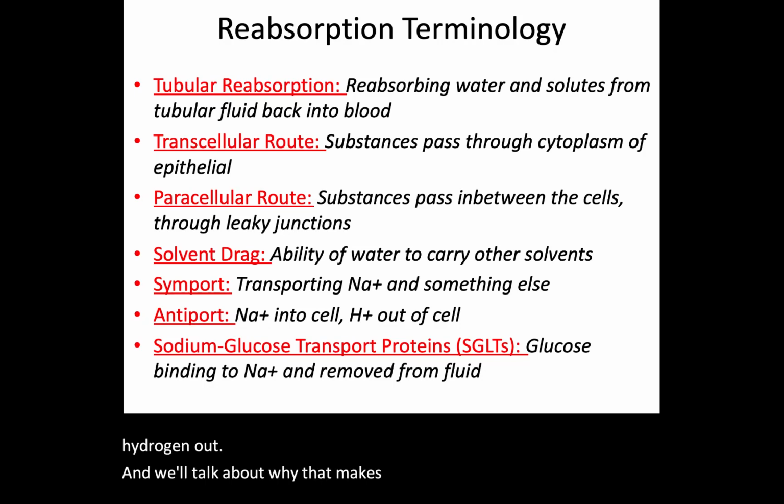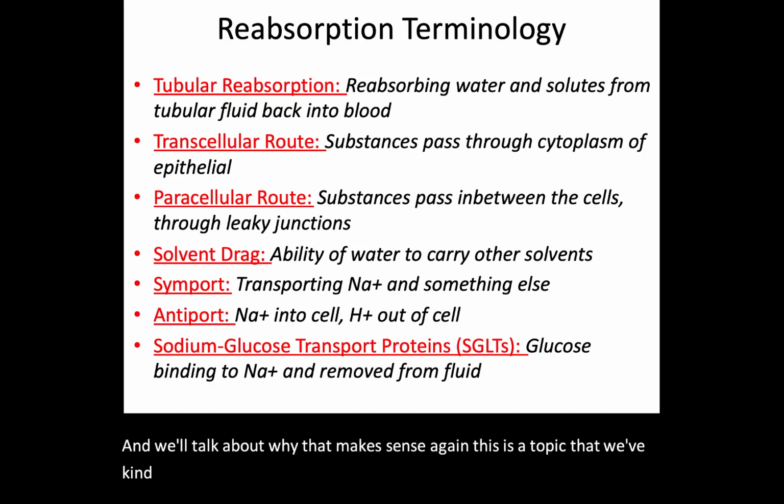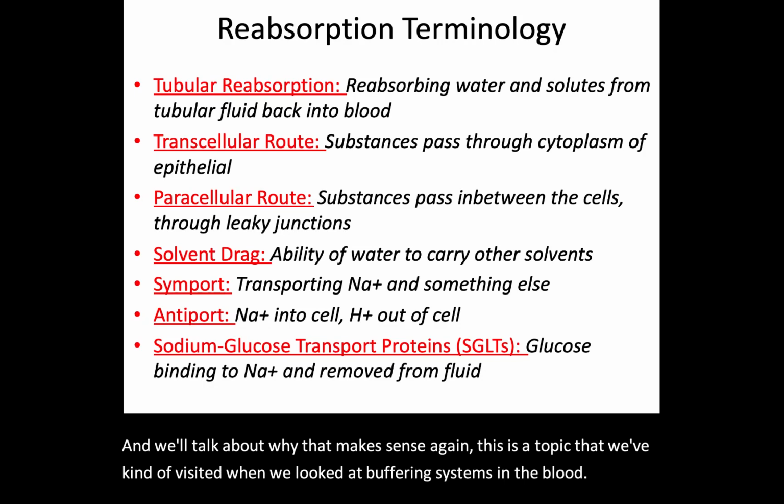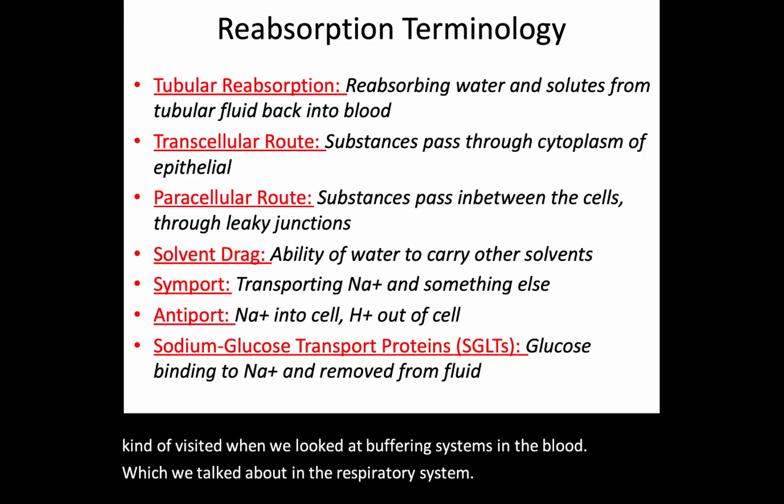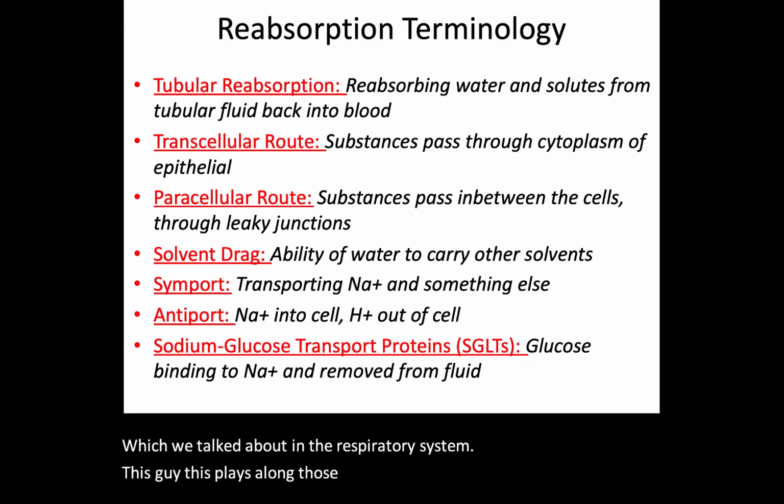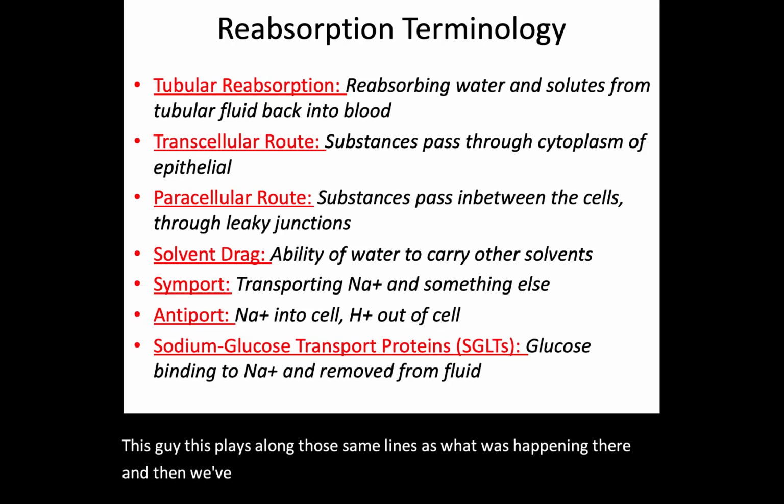Again, this is a topic that we've kind of visited when we looked at buffering systems in the blood, which we talked about in the respiratory system. This plays along those same lines as what was happening there. And then we've also talked about the SGLTs before as well, sodium glucose transport proteins.